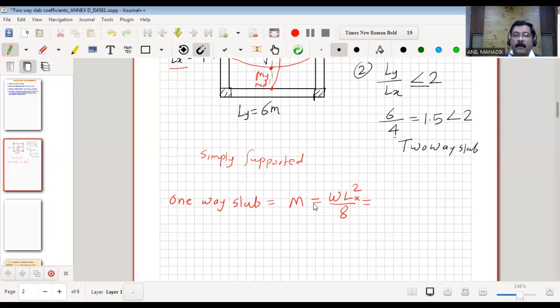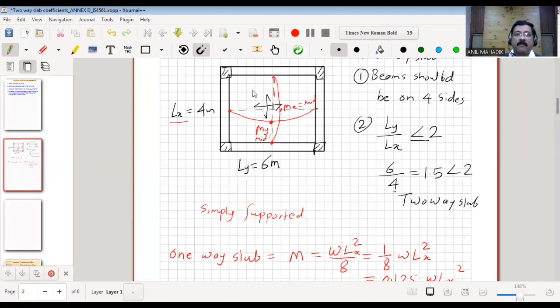Now WL square by 8 is nothing but 1 upon 8 into W Lx square. So 1 upon 8 is nothing but 0.125 W Lx square. So this 0.125 is nothing but a coefficient, which we generally denote as alpha. As this is the shorter span moment, it will be alpha x.